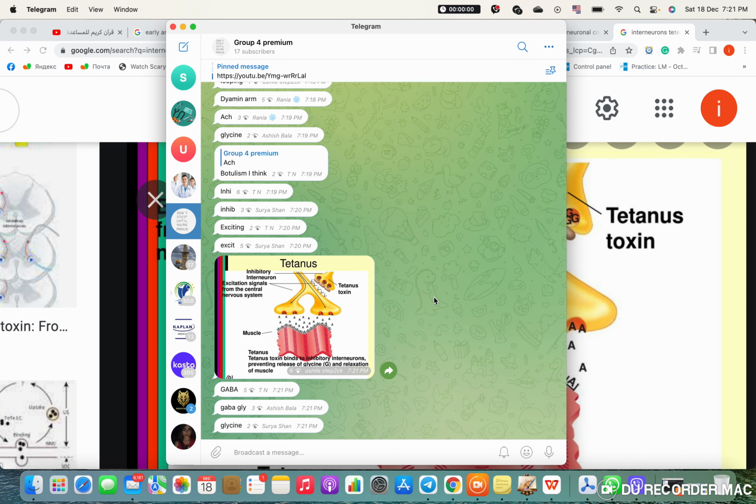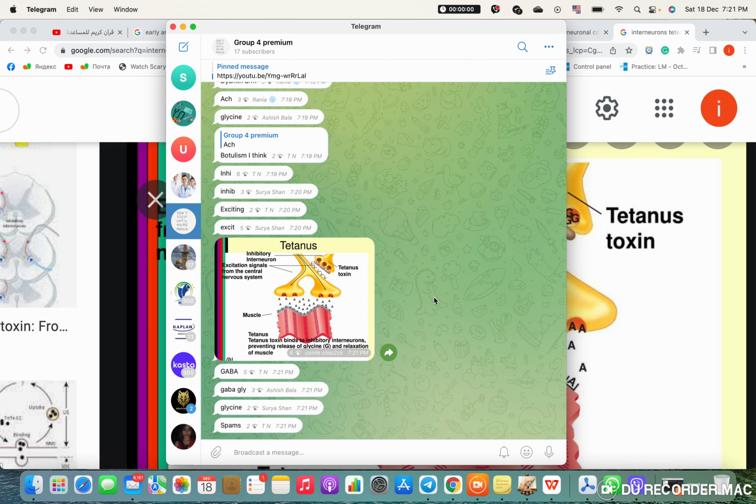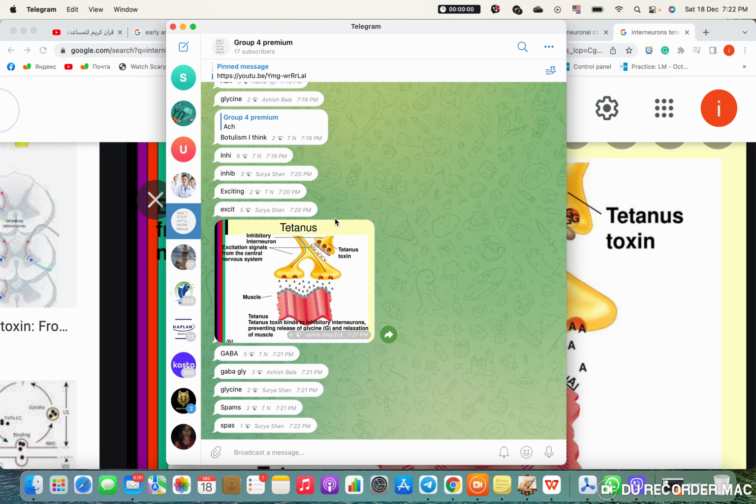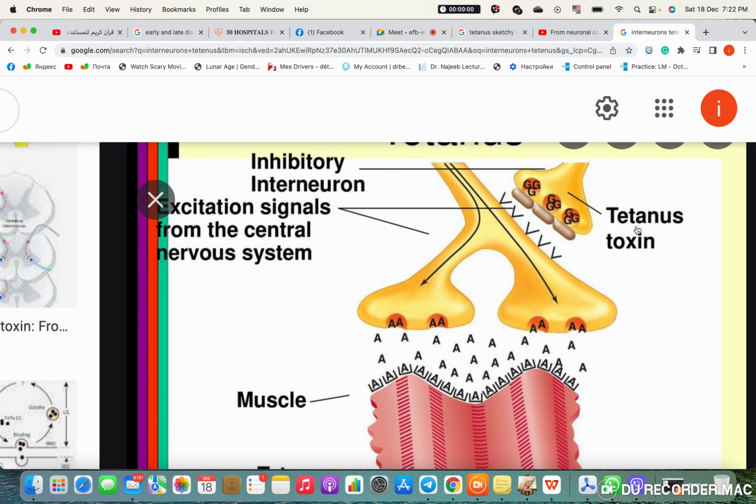If there is more release of acetylcholine, will you have a flaccid paralysis or a spastic paralysis? Spastic. Remember, spastic, all of your body is in a spasm position, while in a flaccid paralysis you are totally relaxed. And this will lead to spastic paralysis.